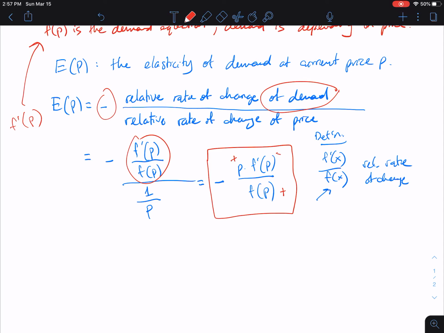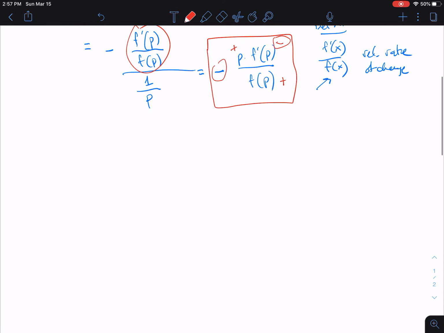So this is going to be negative, and we want to define a value that is consistent. We want this E of P to be a positive value. So this negative and that negative will keep the E of P value positive. And this value is usually greater than 0, sometimes greater than 1, but mainly between 0 and 1. We're going to break that down further as the following here.